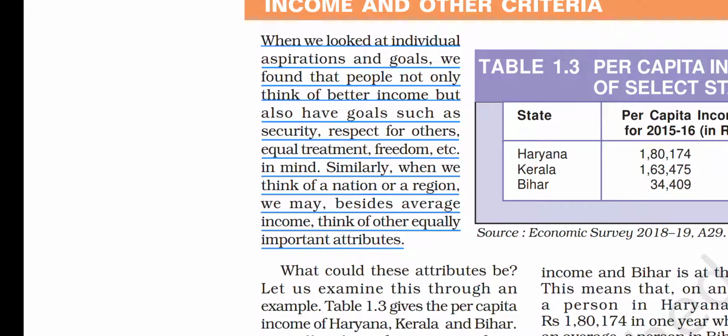So when we, as an individual, prefer certain other things in our life along with the money, as a citizen of a country, we will like to choose the country, or we will aspire that our country should not only develop on the monetary matter, but it also should have certain other facilities which can be considered as a term to be used to compare countries.